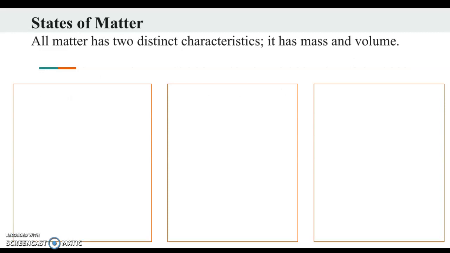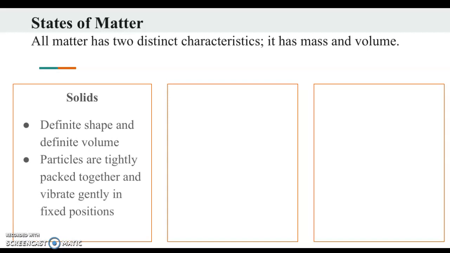So I think we started the year off with this definition. All matter has two distinct characteristics. It has both a mass and a volume. And again, it comes in these three states of matter. Solids are defined by their definite shape and their definite volume. Particles are tightly packed together and vibrate gently in fixed positions, so they're not really moving past each other, they're just vibrating in their spot.